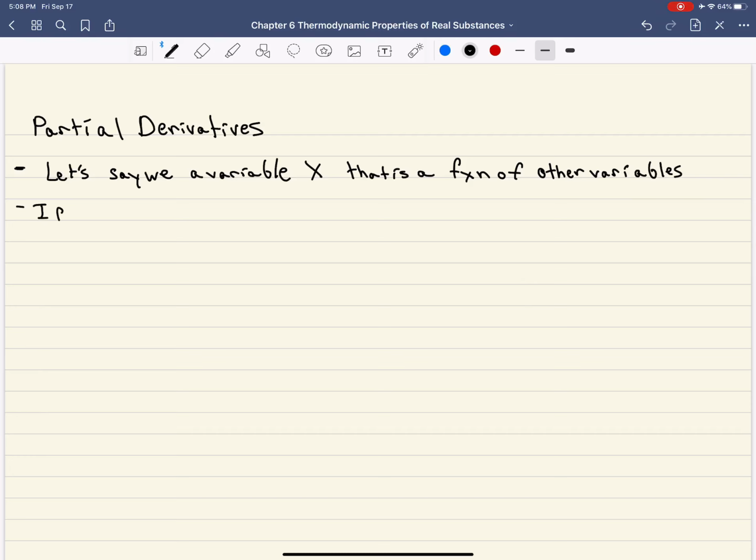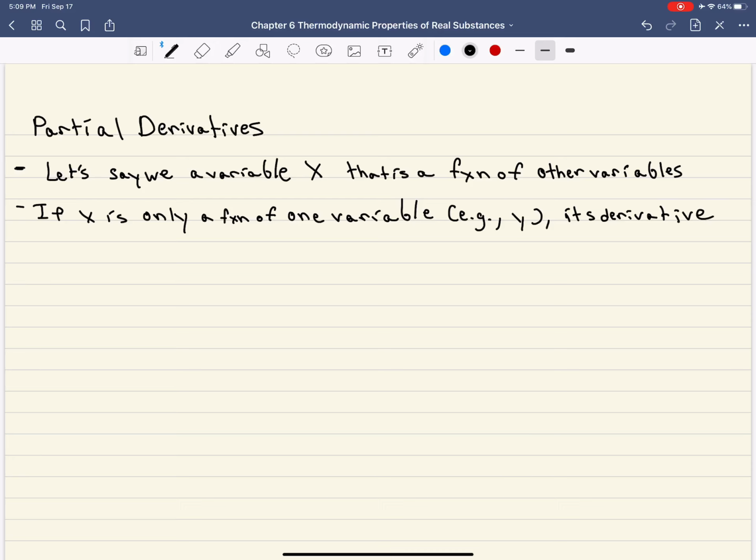If we consider the case where x is only a function of one variable, so let's say that variable is y, then if we just took the derivative of x, its derivative would be what we call a total derivative.